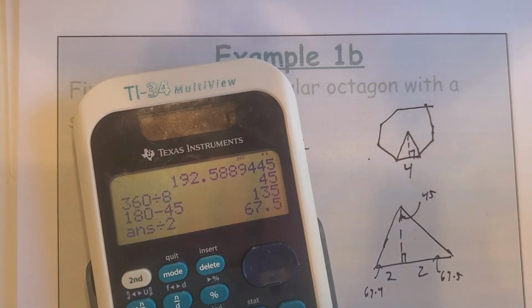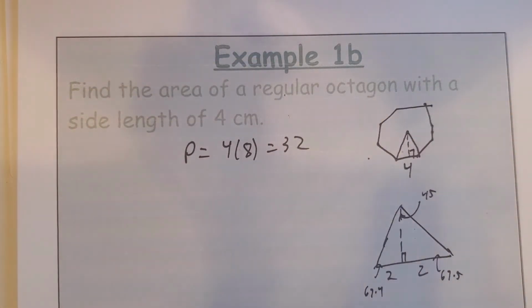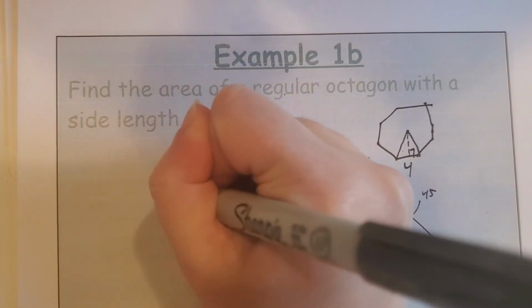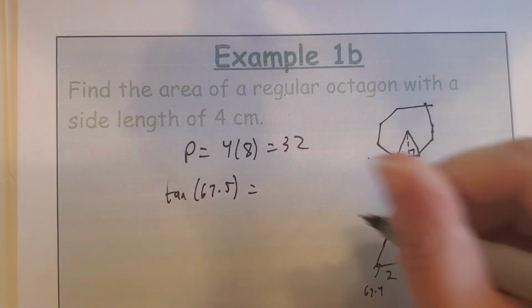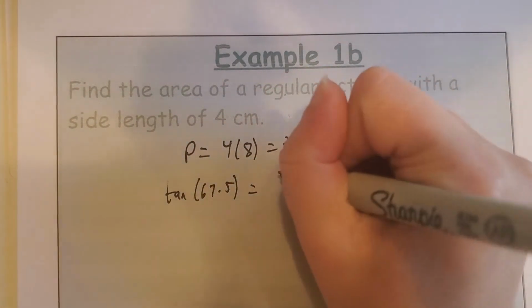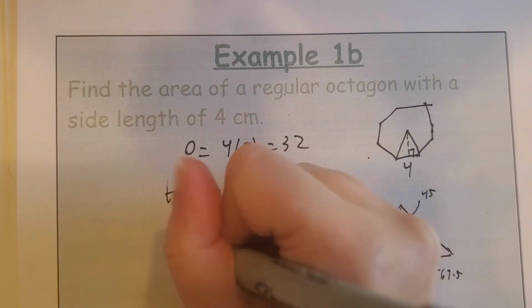So again, we can use trig for this, all right? This 2 right here is adjacent to the 67.5, and the apothem is opposite. So opposite and adjacent is tangent. So tangent of 67.5 is equal to, again, we'll call this A for apothem, opposite over adjacent. So A over 2.